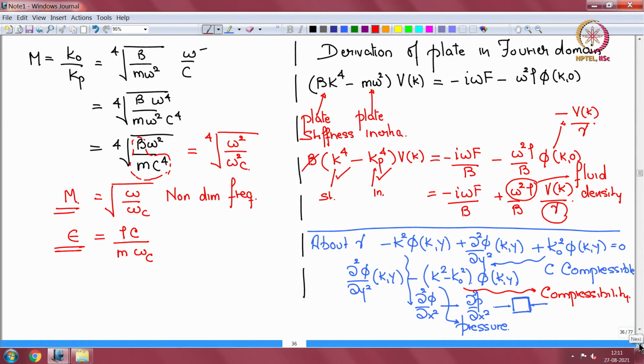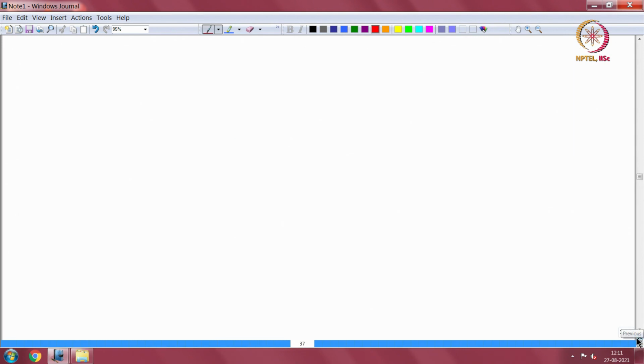We'll get k fourth minus kp fourth into V of k is equal to minus i omega f by B plus omega square rho by B V of k by gamma.